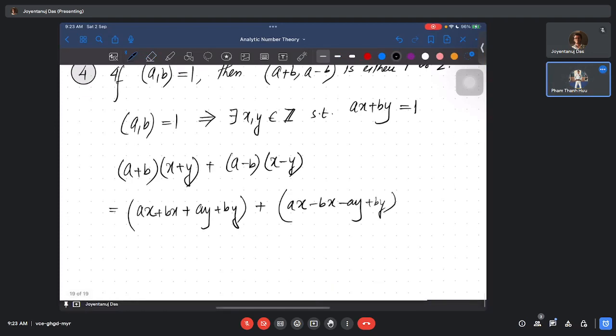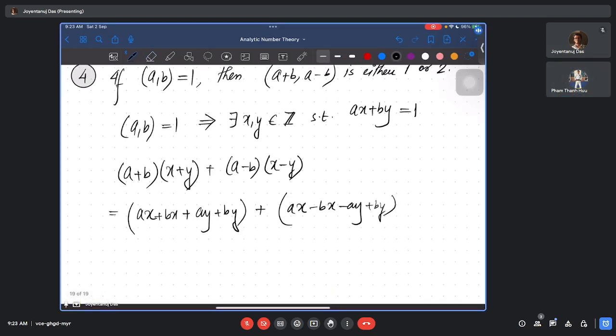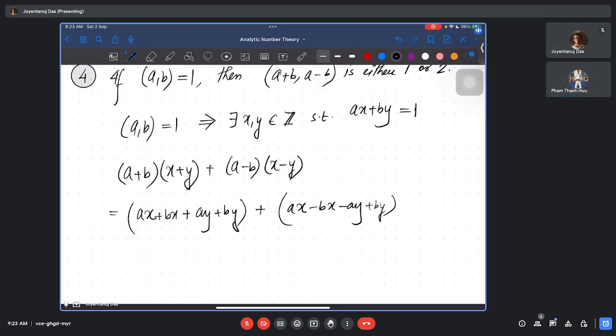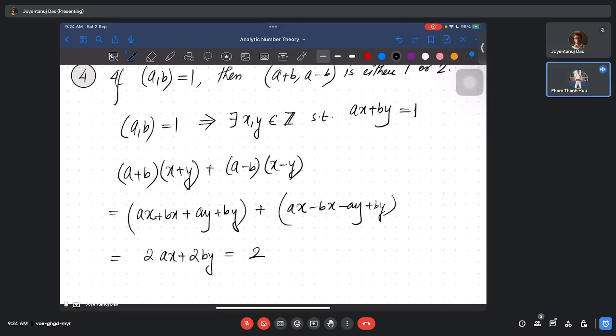So now what I'll have is ax plus by is 1. And similarly, bx will get cancelled, ay and ay will get cancelled, so I have 2 times ax plus 2 times by, so that is 2.